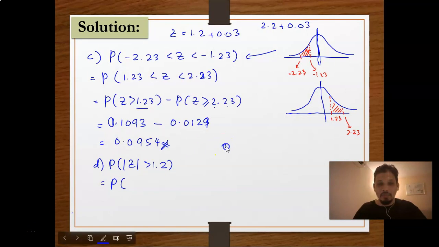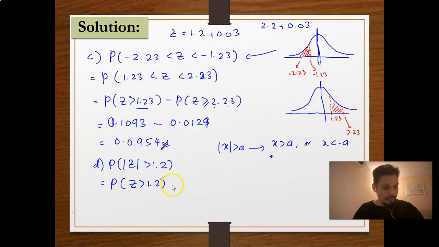If I come up with the term modulus of x greater than a, we define it in two ways: x greater than a, or x less than negative a. So that's the way we write it here: Z greater than 1.2 plus probability of Z less than negative 1.2.